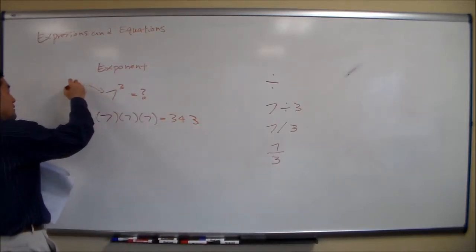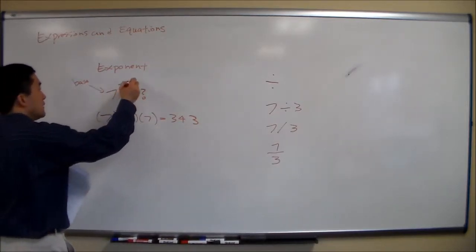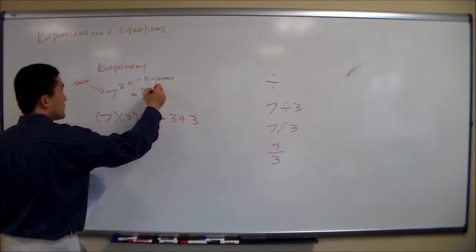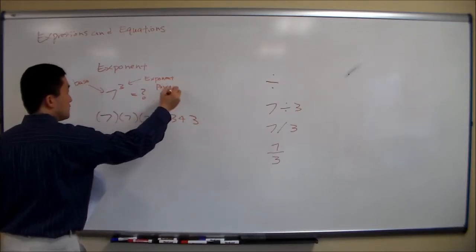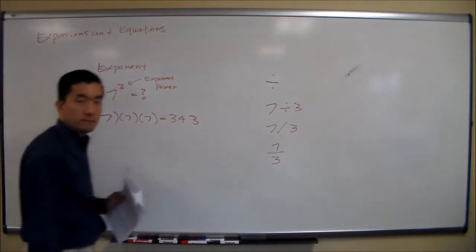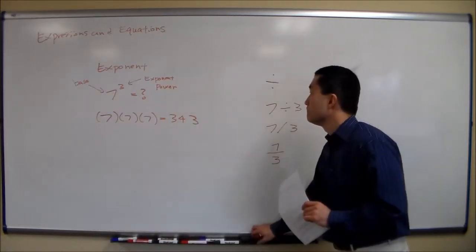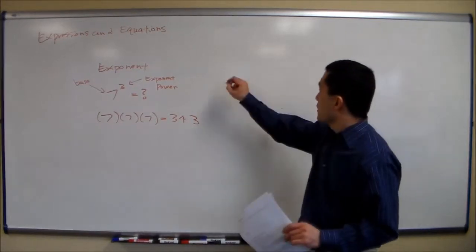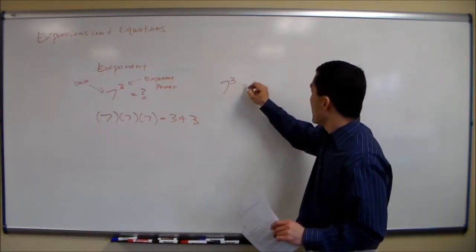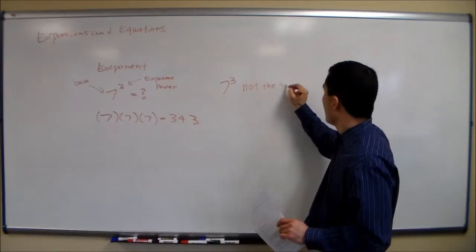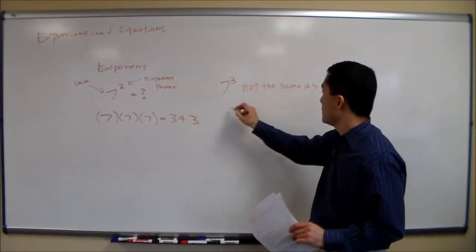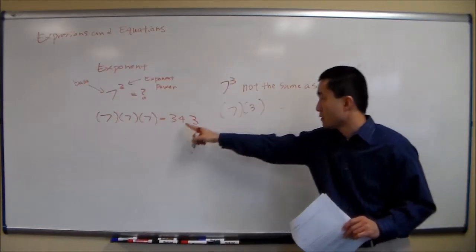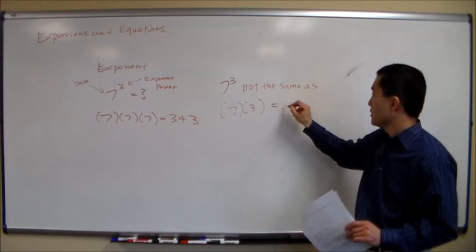This big number is called the base number, and this little number is called the exponent, or sometimes called a power. Okay. So this is not the same as multiplying two different numbers. You gotta be careful with that. This is 21.